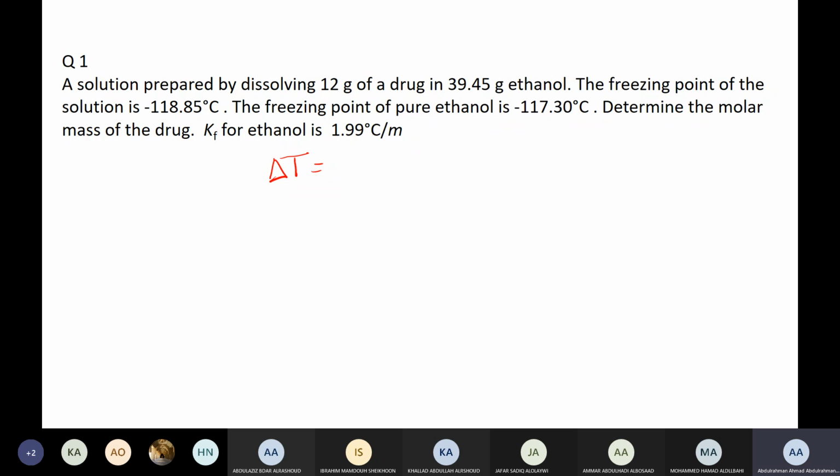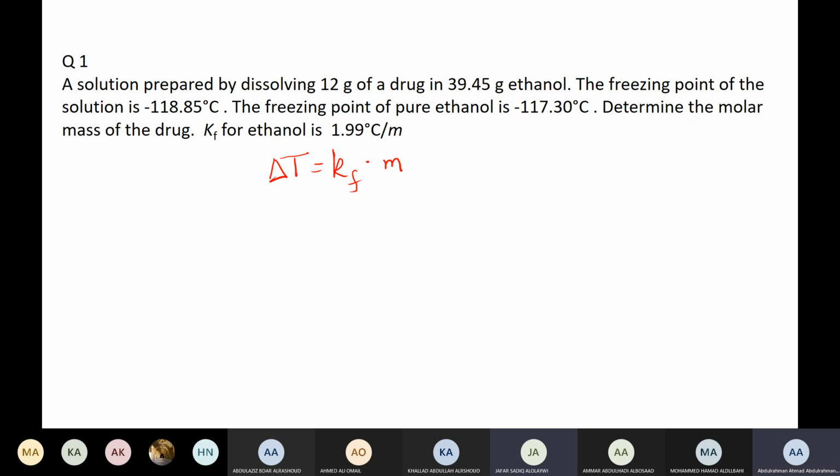Delta T equal to what? Kf, K freezing, times molarity. Exactly. All right. What's delta T? Delta T, we need the difference between two numbers. Okay.